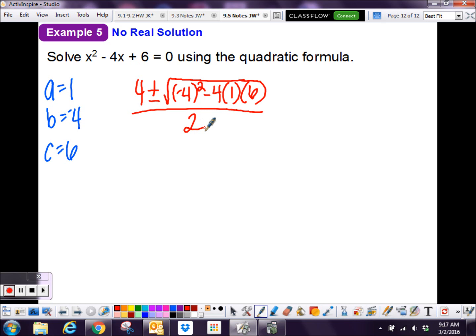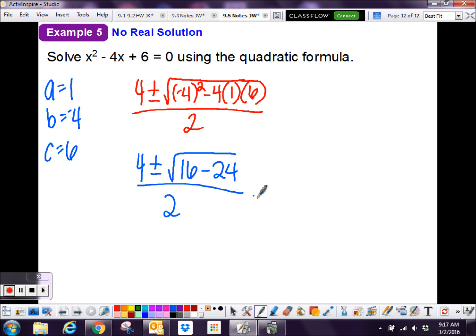Okay, now here's the deal. If you type this whole thing in your calculator right now, it's going to give you an error. Okay, so I want to show you something. So let's go ahead and simplify this by hand. So I've got 4 plus or minus the square root of 16. Negative 4 times 1 times 6 is going to be negative 24, over 2.